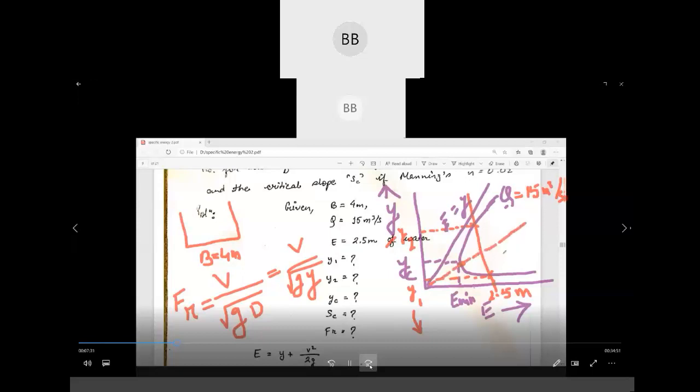One is supercritical and one is subcritical. For supercritical, the Froude number is greater than 1. For subcritical, the Froude number is less than 1. And for critical flow, the Froude number is equal to 1. For yc, the Froude number is equal to 1.